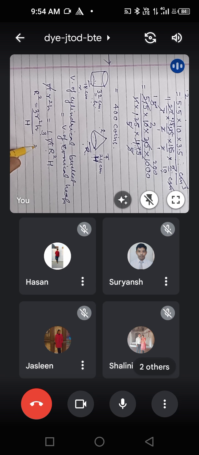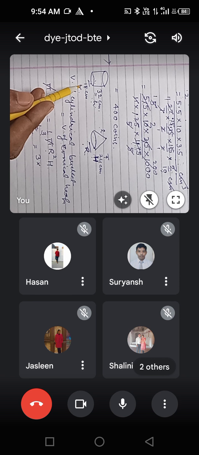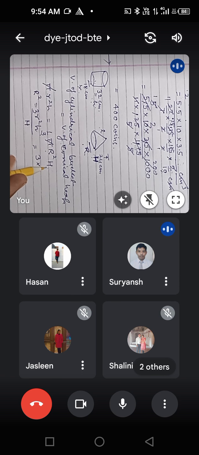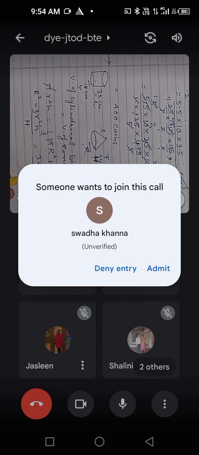So that equals 3 into small r square, small r is how much? You see, 18 centimeters. So it will be 18 into 18, and the height is given as 32, so into 32, upon 24, the vertical height of the heap.